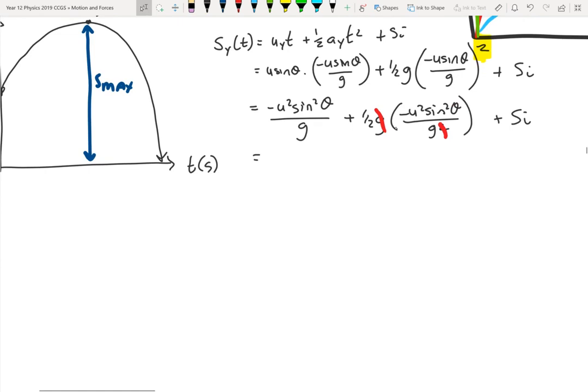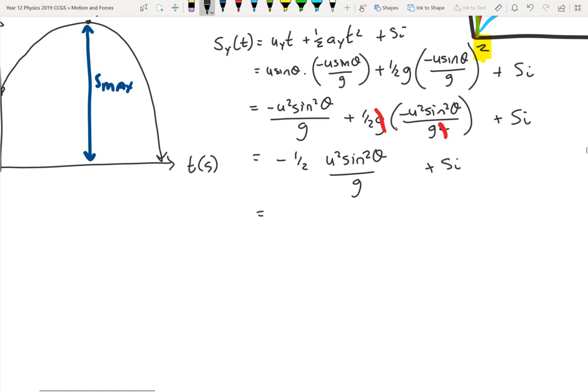Forgot my S initial. Look what we get. We get minus a half plus a half. Oh, sorry, minus one of them plus half of them. Well, that's minus a half of u squared sine squared theta over g plus S initial.